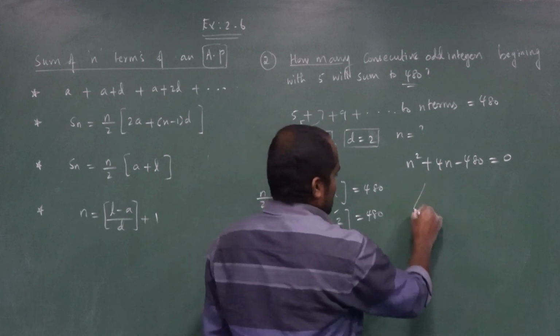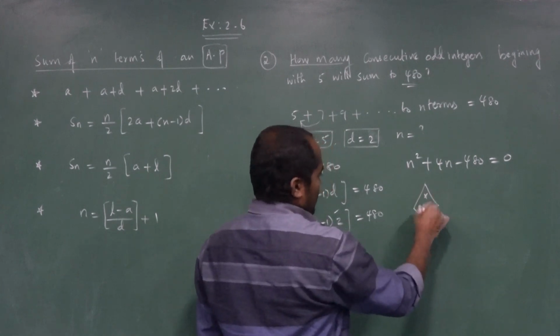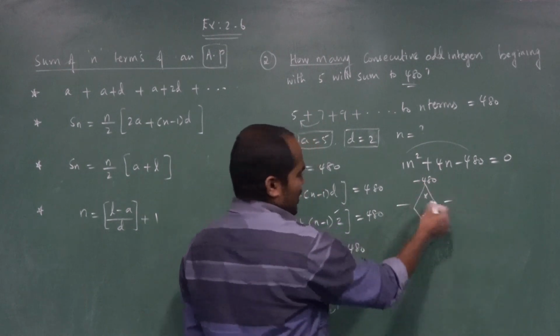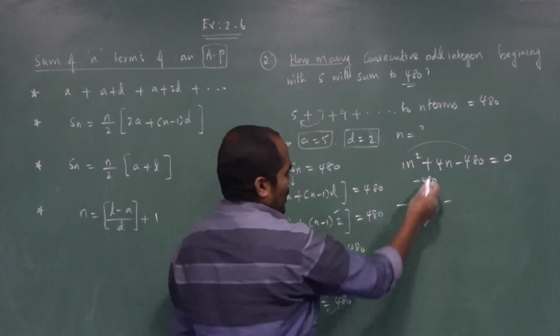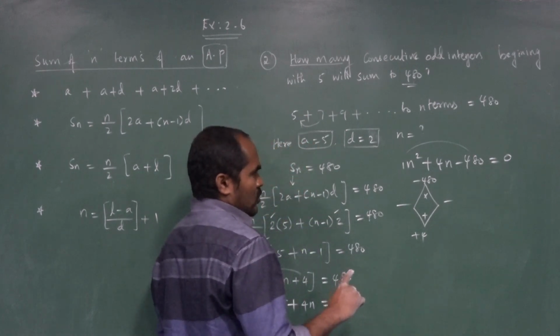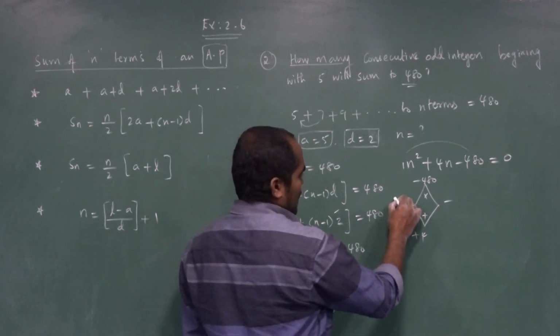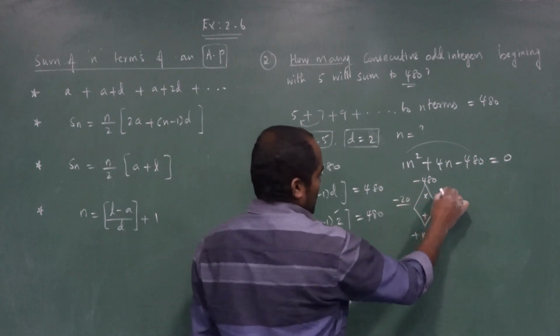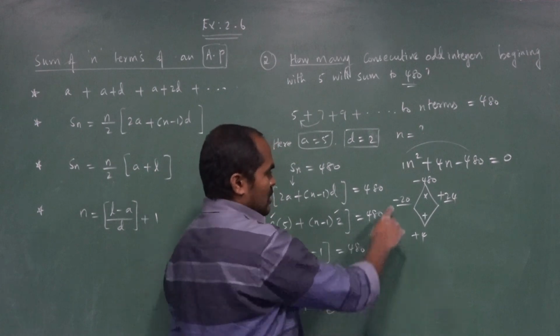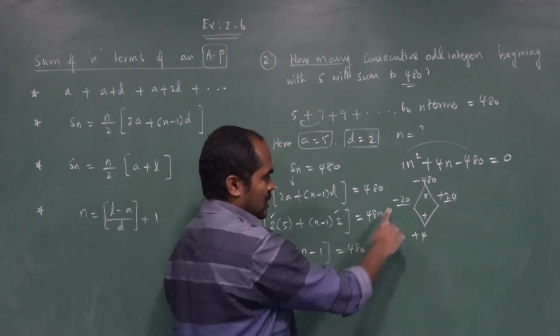So factorize this. Here the product of two numbers is minus 480 and the sum is plus 4. 20 and 24, so write minus 20 plus 24. Minus into plus is minus, 20 times 24 is 480, and the difference is 4.